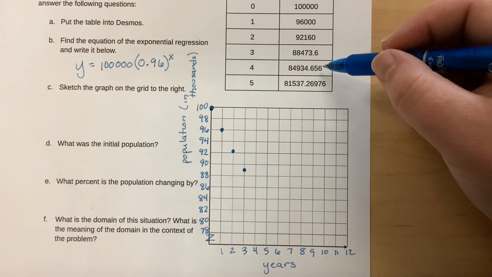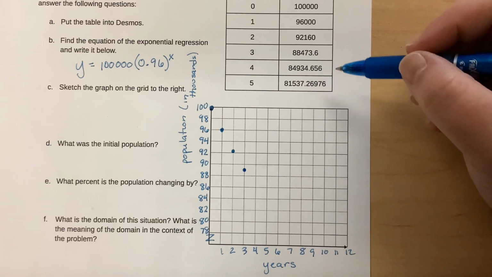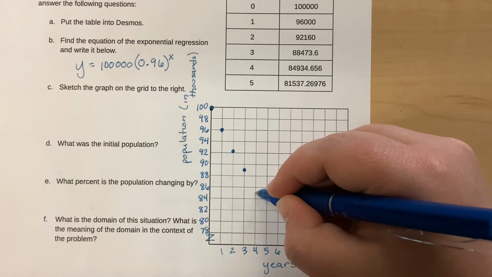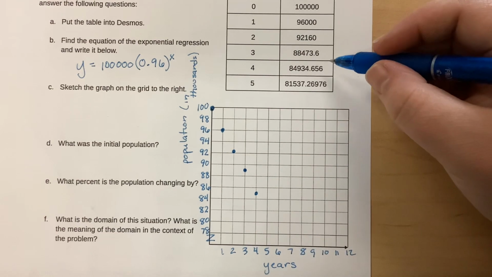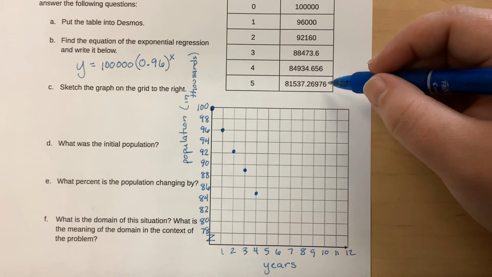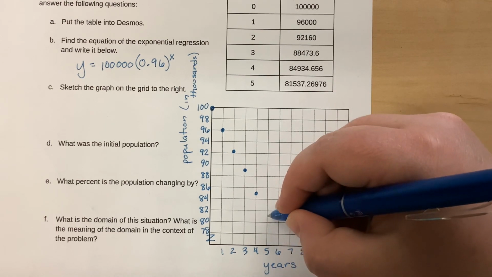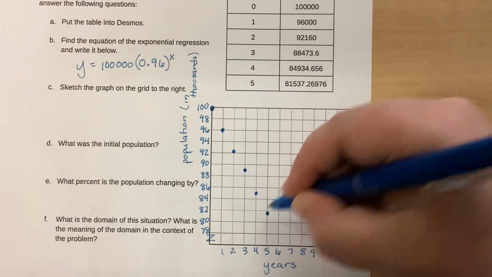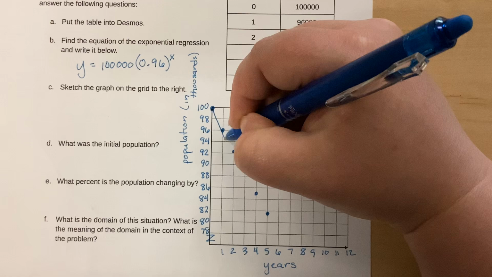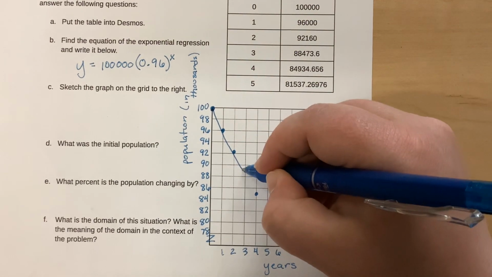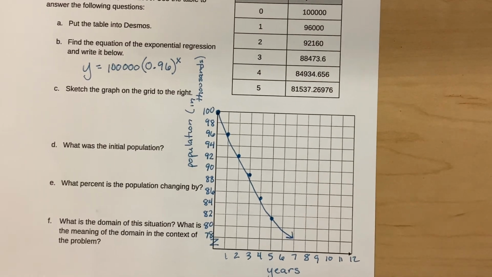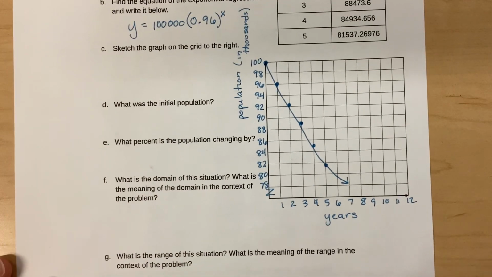And then 4 was 84,000, so almost 85. So here's 84, so towards the middle. And then 81,000. So here's 80, 81, somewhere up here. So again, this looks a little linear, but it is supposed to have a bit of a curve to it. Okay, so there's our exponential sketch.